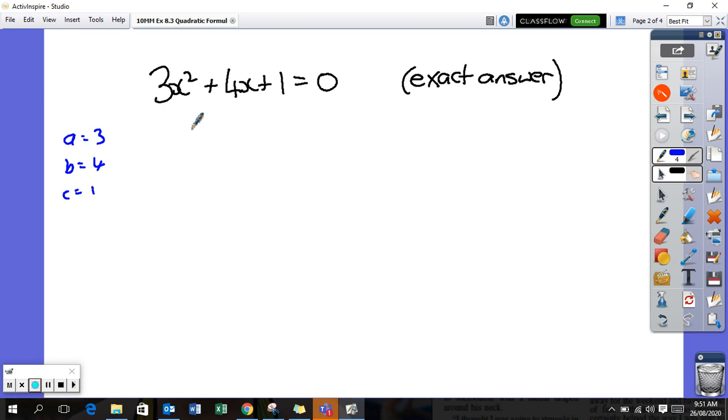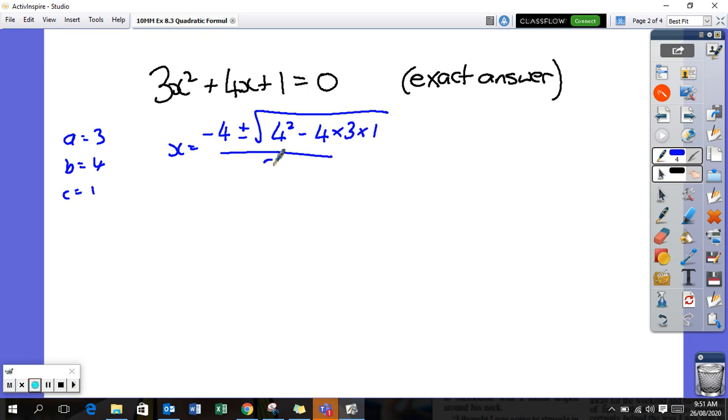First of all, x equals minus b plus or minus the square root of b squared minus 4ac over 2a. I just put the numbers into that formula.